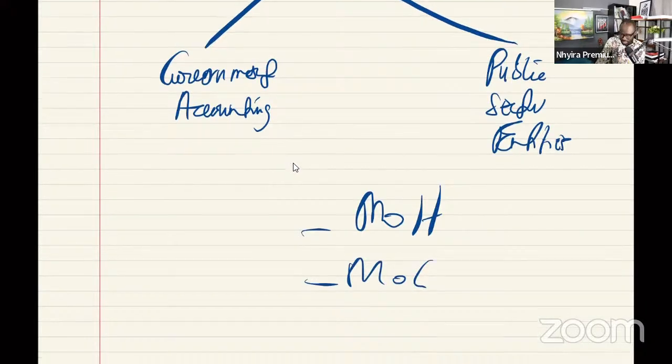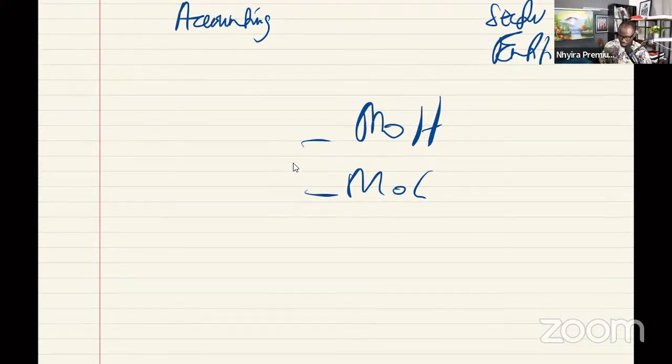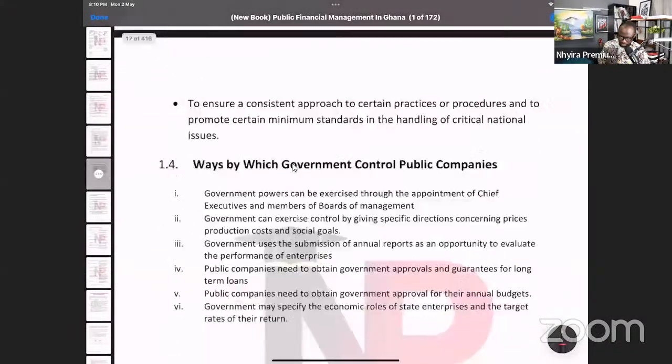Why do they exist? Ministry of Employment, I don't know. But Ministry of Trade and Industry, the local assembly, Accra Metropolitan Assembly, whatever municipal assembly. Why the heck do they exist? Their objectives. That is what we want to look out for now.